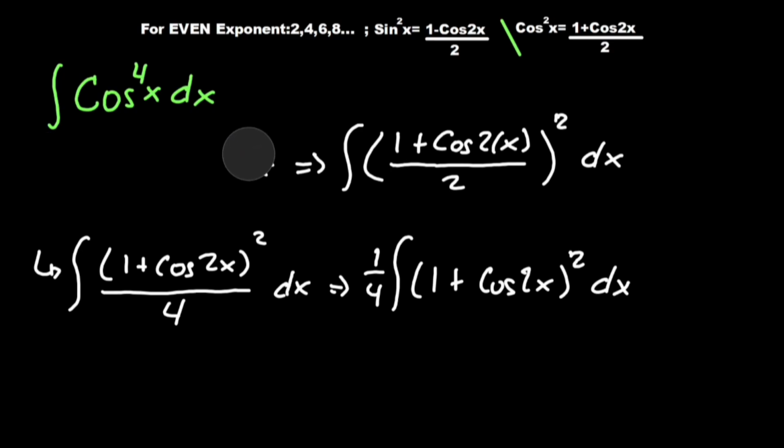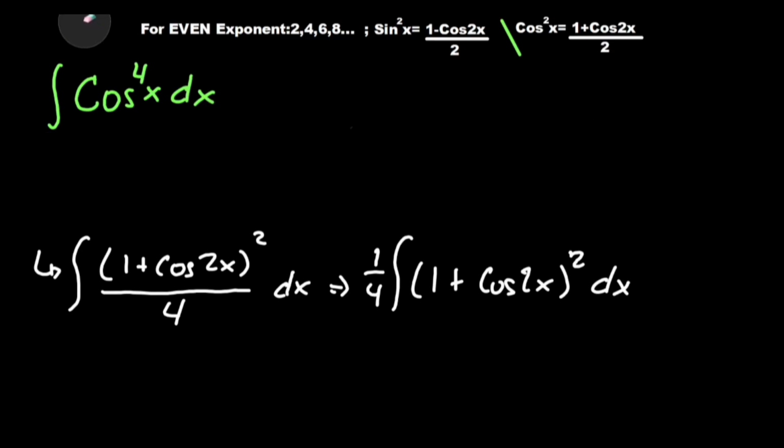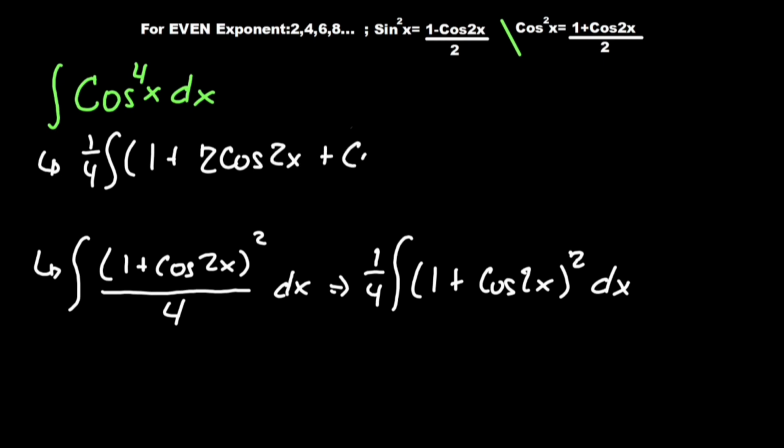Next step will be to expand this expression. So this should be 1/4 the integral of 1 plus 2 cosine of 2x plus cosine squared of 2x.